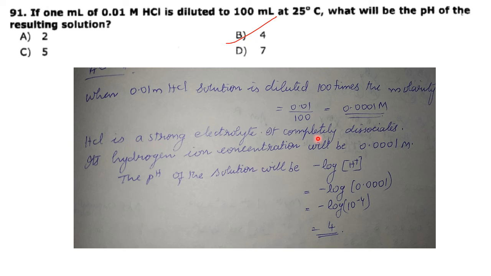HCl is a strong electrolyte. It completely dissociates. Its hydrogen ion concentration will be 0.001 molar. So the pH of the solution will be minus log concentration of H plus. So minus log concentration of 0.001. So that will be minus log 10 raised to minus 4. So answer will be 4. Option B is the answer.